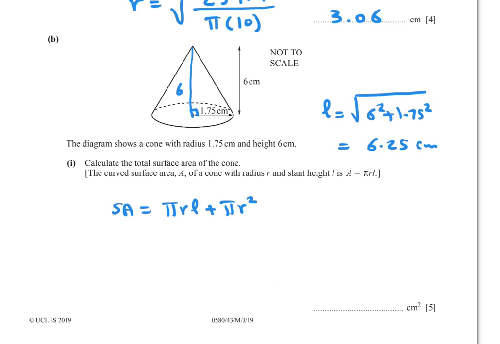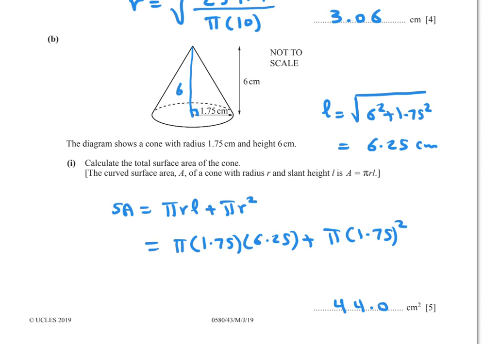Now we have the slant height, so we can find the total surface area. Pi times 1.75 times 6.25 plus pi times 1.75 squared equals 44.0 to 3 significant figures.